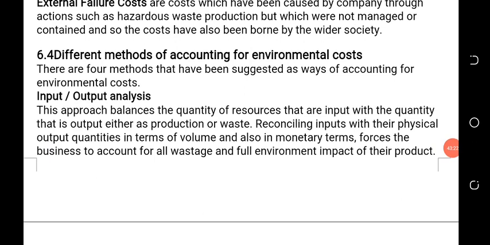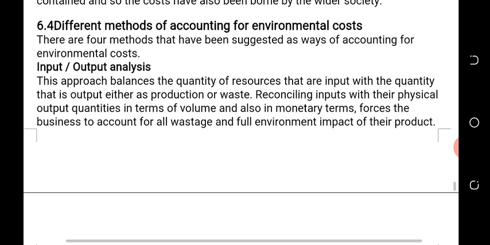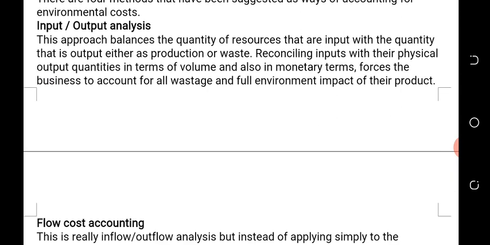This approach balances the quantity of resources that are inputted with the quantity that is output, either as production or waste, reconciling inputs with their physical output quantities in terms of volume and also in monetary terms. It forces the business to account for all wastage and the full environmental impact of the product.